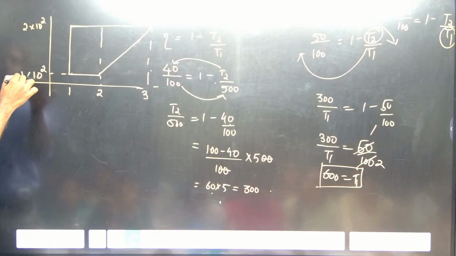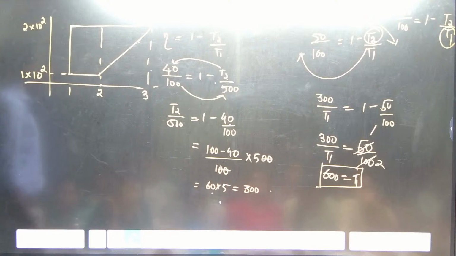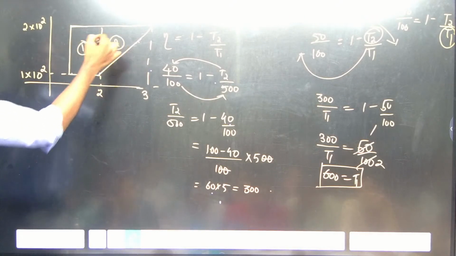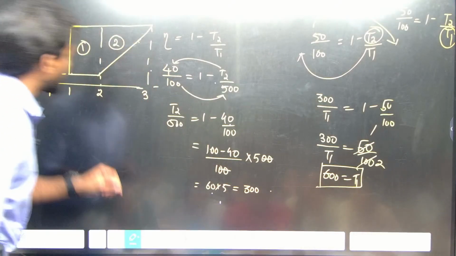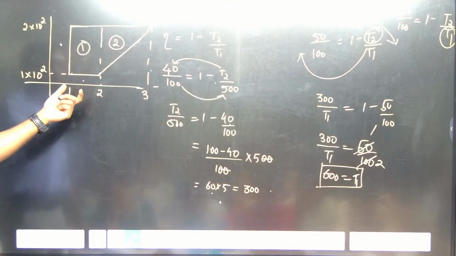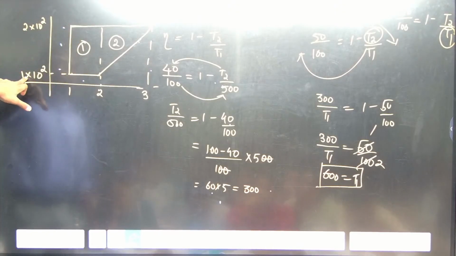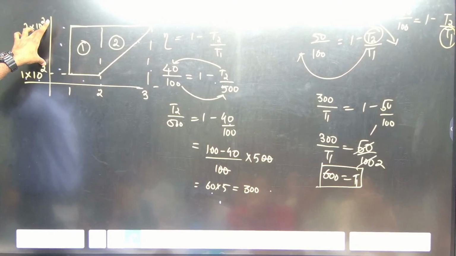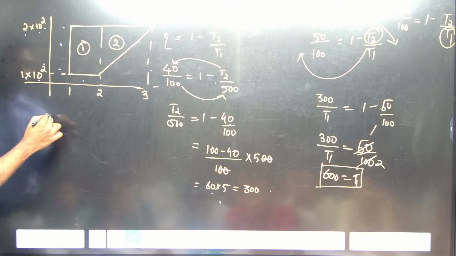So can I write this is 1 into 10 power 2? Yes, no? So I have divided this first part and this is the second part. So in the first part, can I write length into breadth for the area? So length is 2 into 10 power 2 minus 1 into 10 power 2. Can I separate these two things? What I'll get? 10 power 2 only.